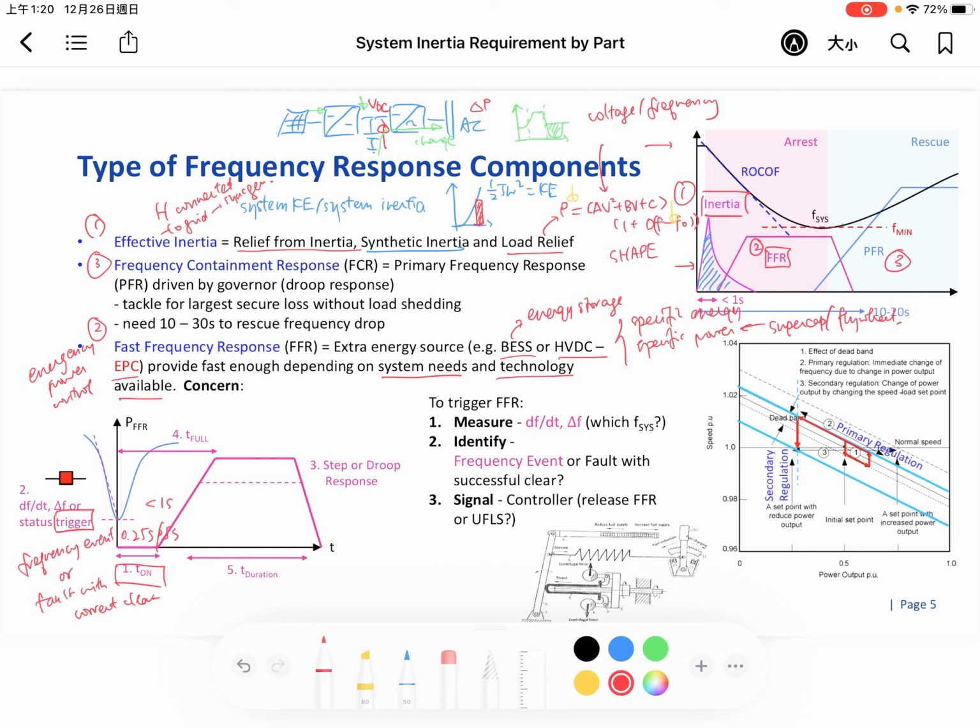The third one is step or drop response. Just imagine you have 4 times 100 megawatts capacitors. Then all you can choose is 4 steps.